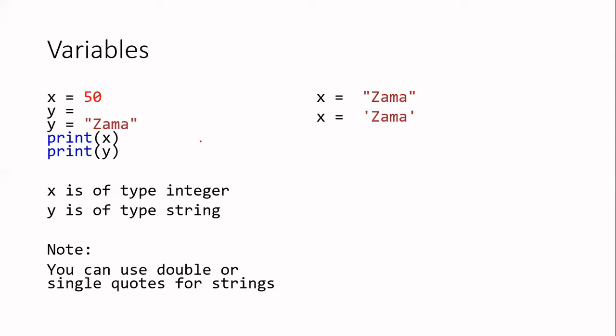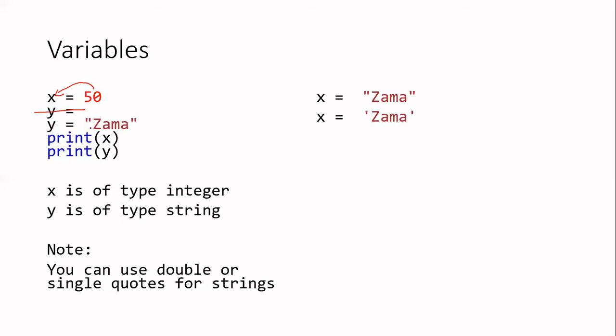Here we are now using variables and we are storing values in these variables. So we have this variable x equals 50, and the value 50 is stored in the variable x. Let's ignore that for now.